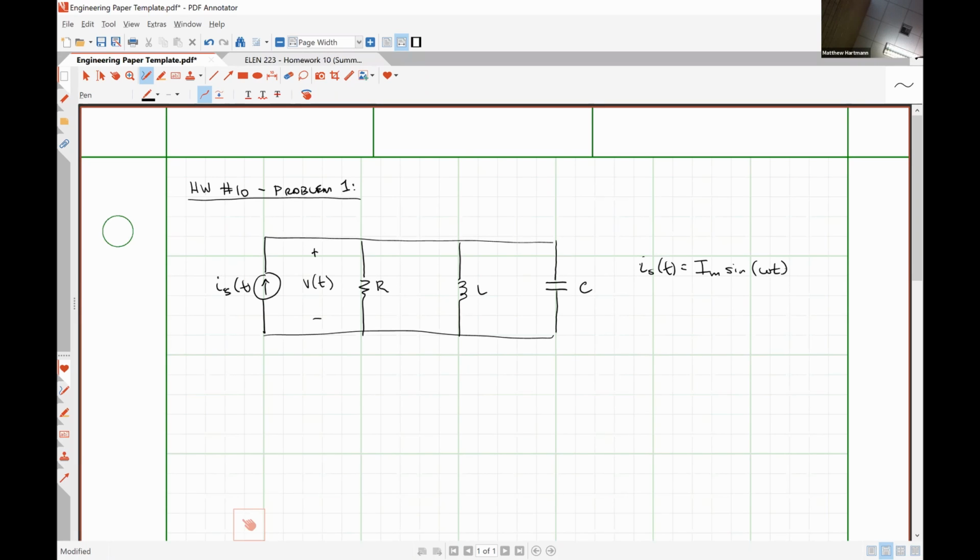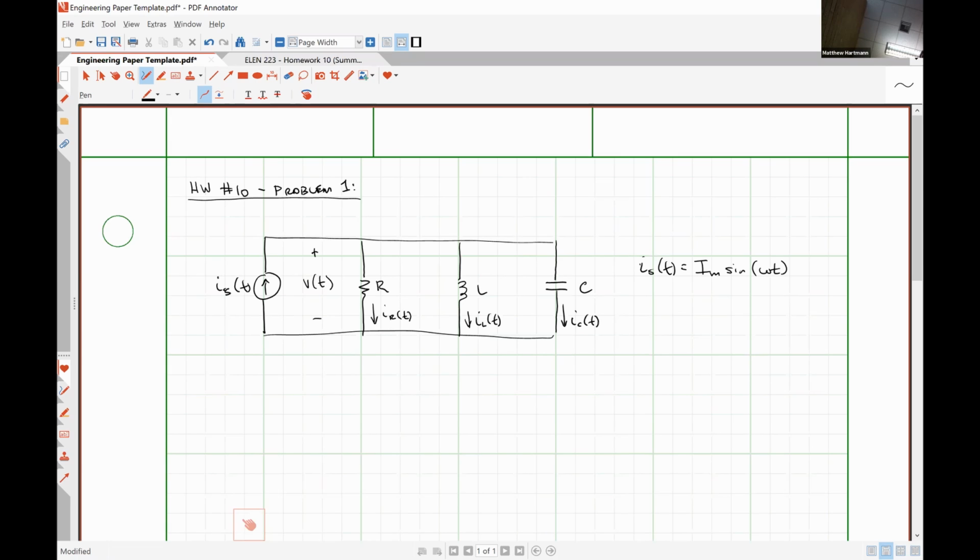All right, so if we're going to be applying Kirchhoff's current law at our top node, that means we need to define our currents through our other elements. So I'm going to call this guy direction down IR of t, this guy direction down IL of t, and this guy direction down IC of t.